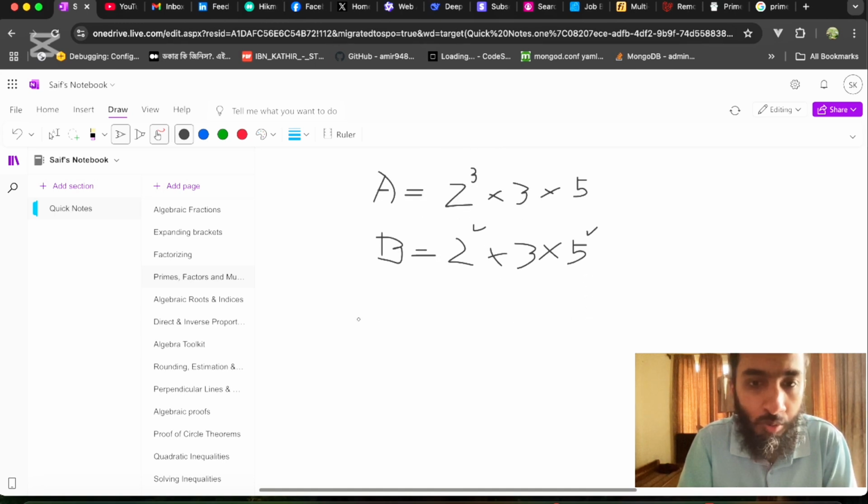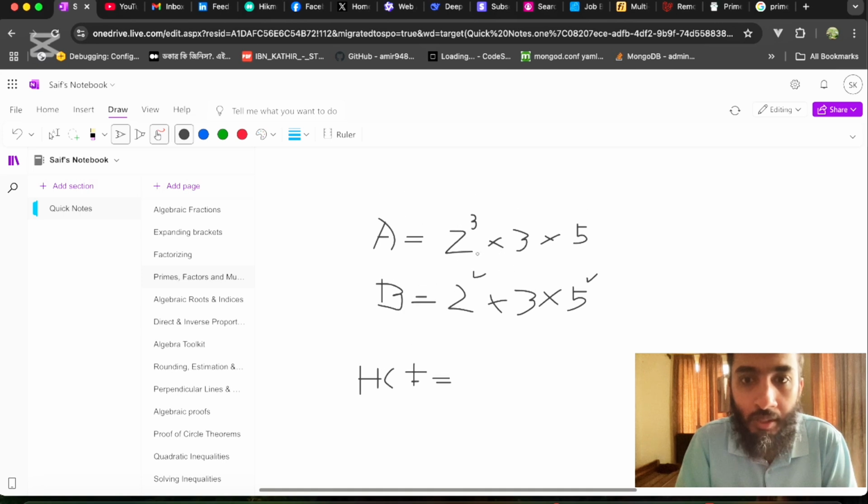So in order to find the highest common factor, or HCF, what can we do? What is the lowest common power here? If I look at 2, it is 2 cube in A and 2 square in B. So what is the minimum? 2 square. In terms of 3, both have a common 3.